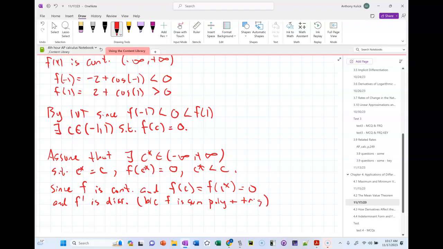So if I take the derivative of that, I know that derivative is going to exist everywhere. So I have the three conditions necessary for Rolle's theorem. Good. Okay.